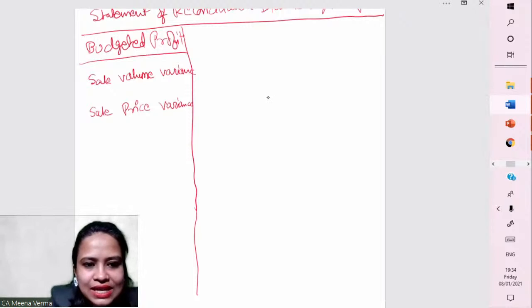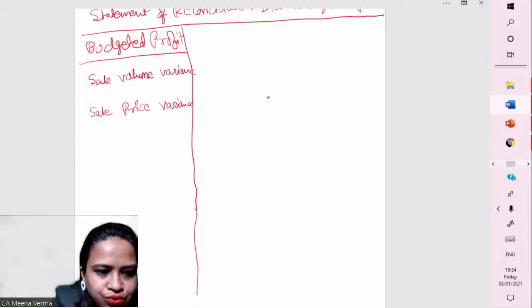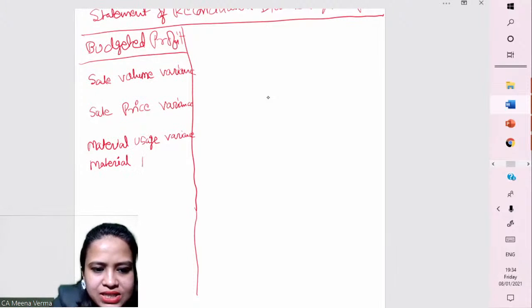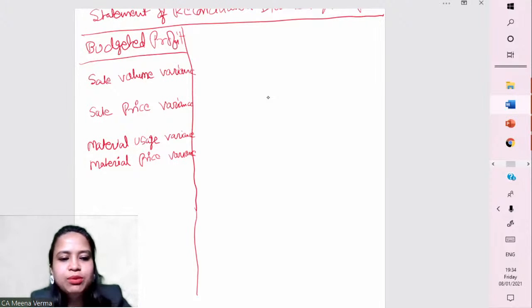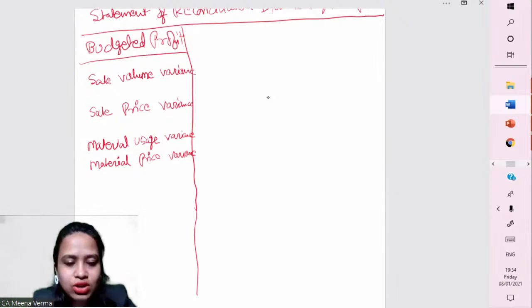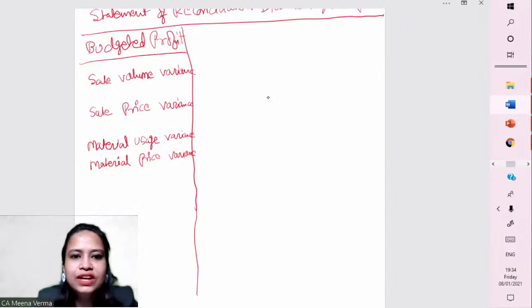So after finding the sales volume variance and sale price variance, you have to find the material quantity variance or usage variance, then the material price variance. Then with the help of the quantity and price variance, you can get the material cost variance. Similarly, we will find the labor cost variance.